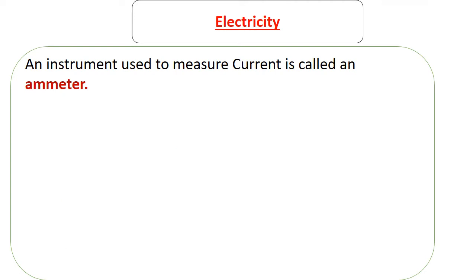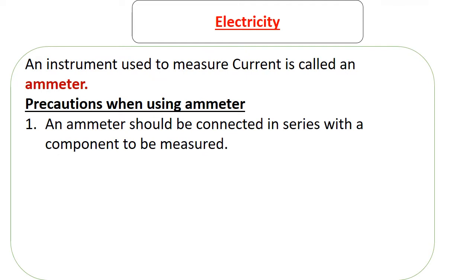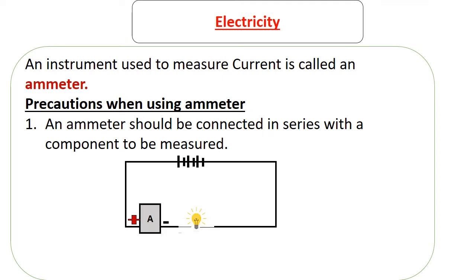An instrument used to measure current is called an ammeter. Here are precautions which should be taken when using an ammeter. For example, if you are doing a practical that has electricity, these are the precautions. First, an ammeter should be connected in series with the component to be measured.